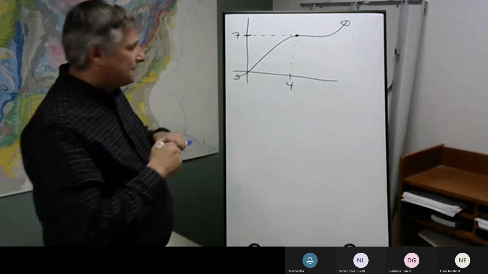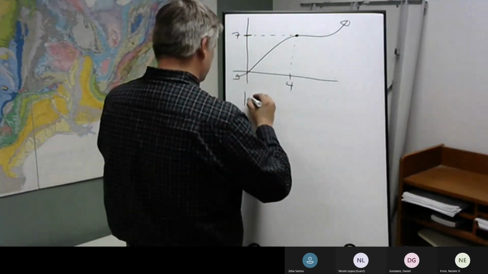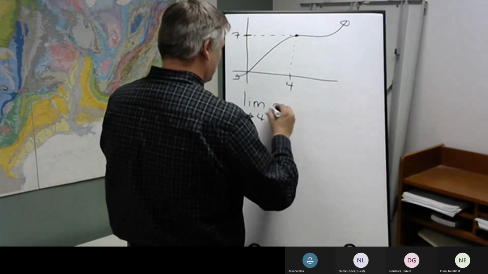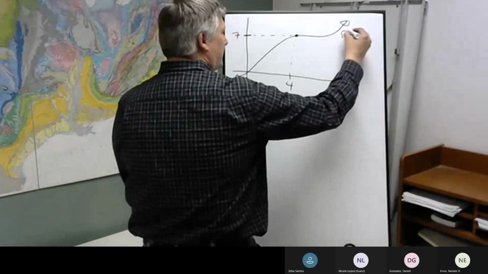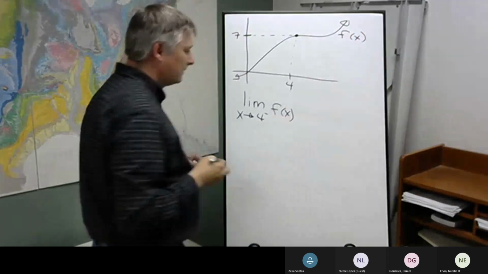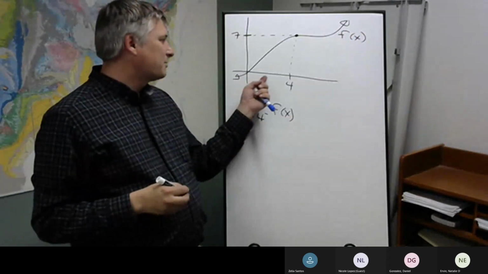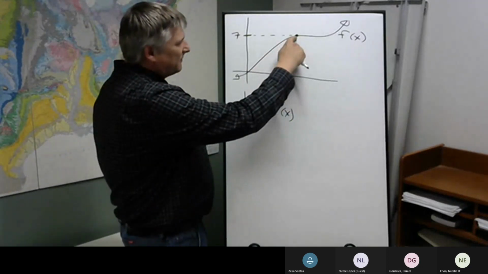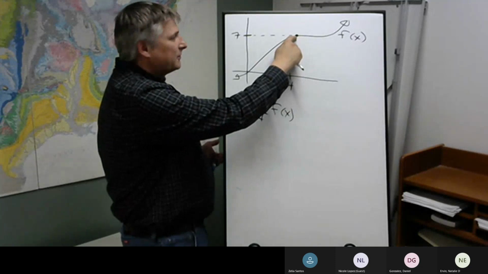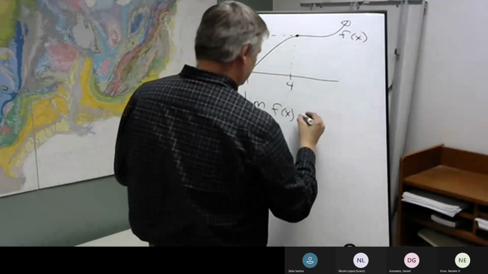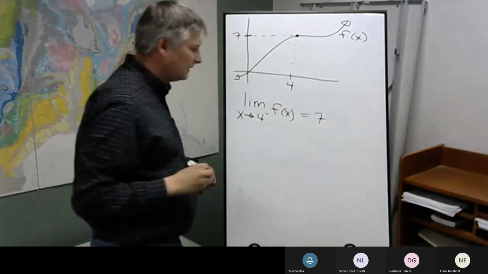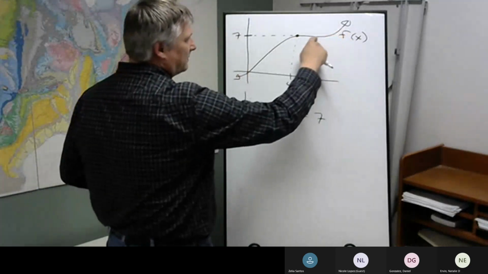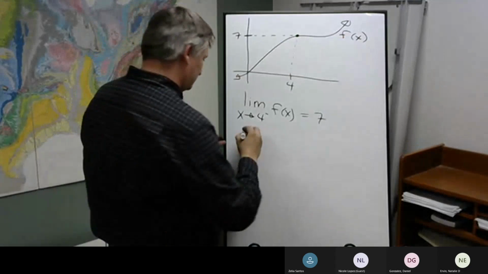Now, let's take a look at this limit. So as x approaches 4 from the left, we're going to be very close to a function value of 7. Likewise, if we approach 4 from the right, again, we're going to have a function value of about 7.